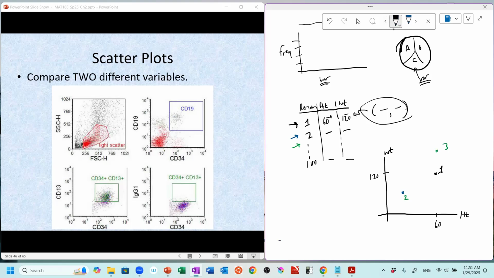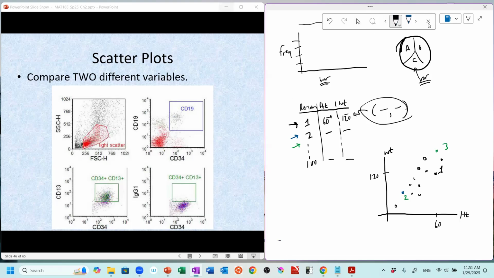And if I do this for all 100 people, maybe I get something like this. So this would be a scatter plot. I'm putting just the point, each of those points at a location that is associating two variables together. And then I represent all of my data with just a bunch of points.